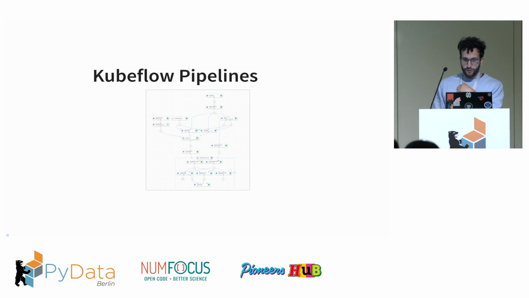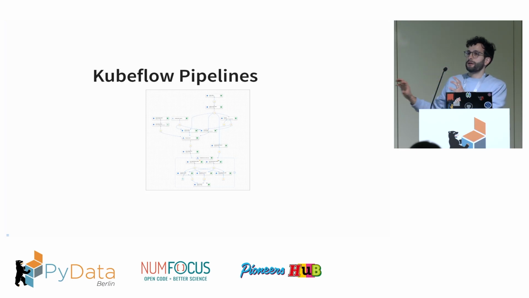So we're going to look at one of those workflows now and try to see how they look in code. First off, there are several flavors of how you build each of these components. For example, you can write a very simple Python function and then tell the framework, hey, this is a component.